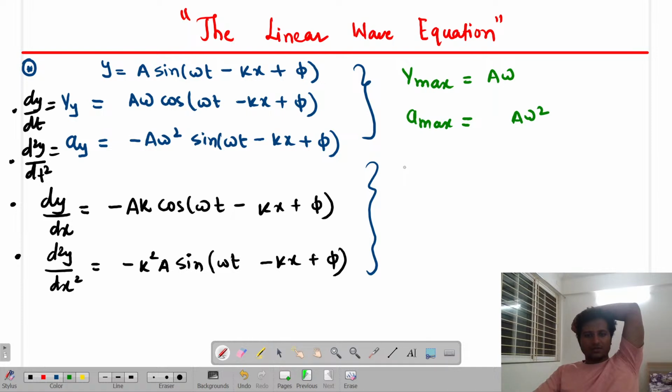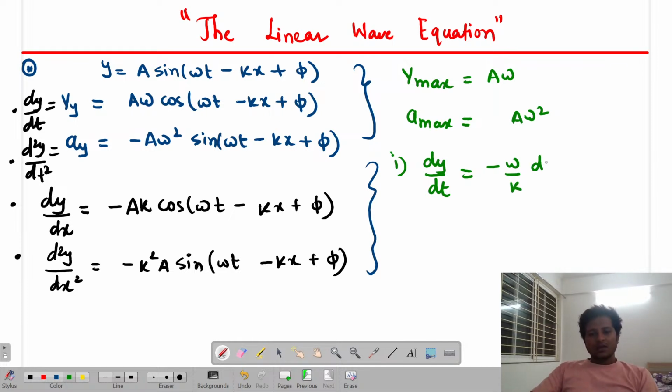We can write the first equation of that, and the first equation is dy by dt. If I take the differentiation, dy by dt can be written easily as minus omega by k dy by dx.